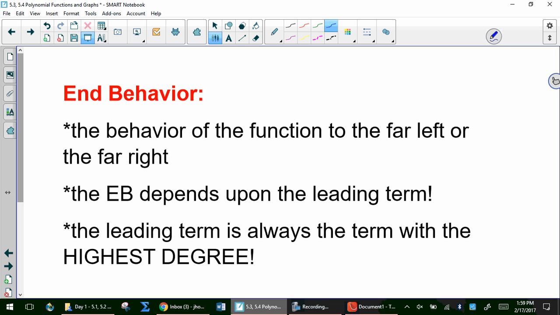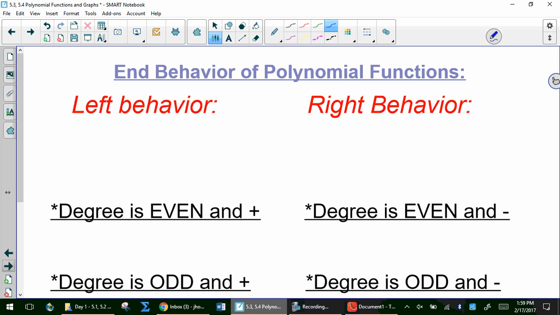How do I write this? Far left. Okay? So, left behavior and right behavior.